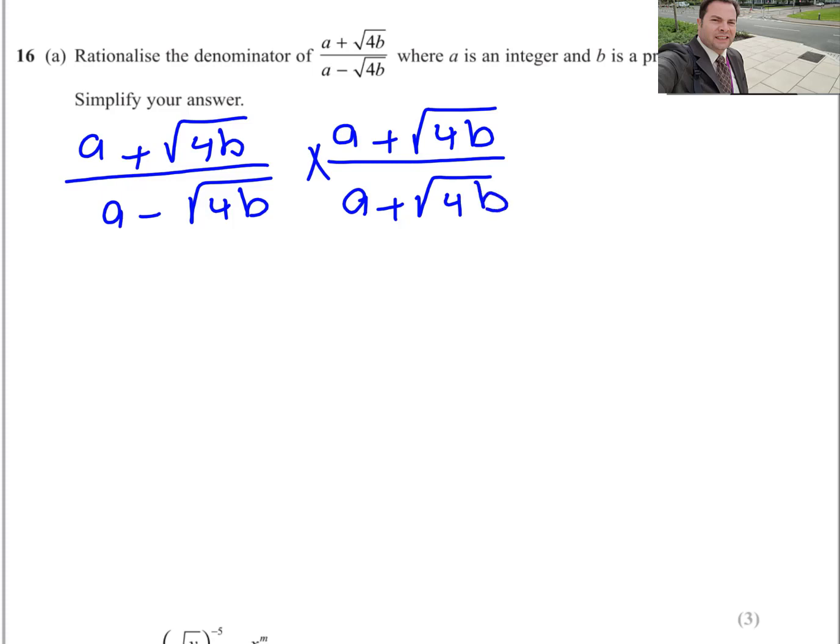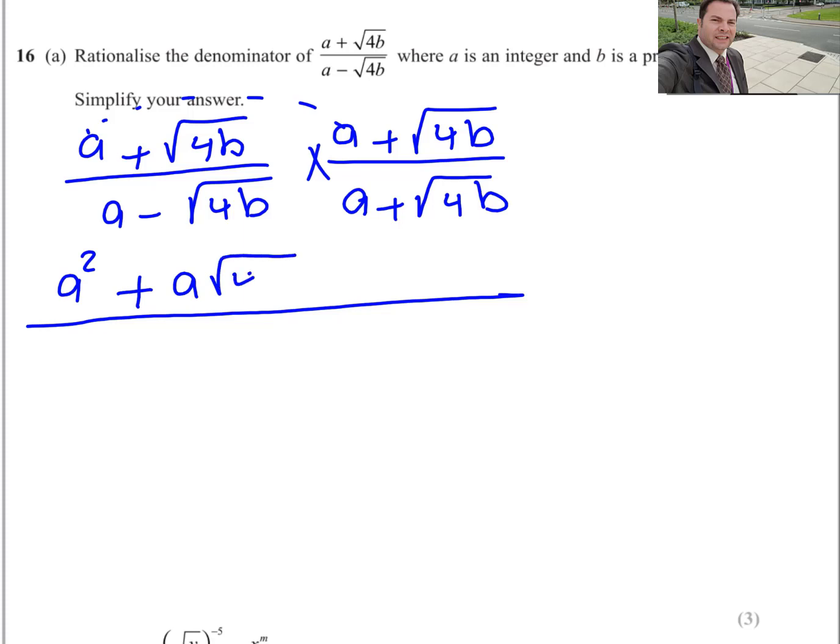Then multiply. When we multiply the numerators together and denominators together, a times a is a squared. a times root 4b is a root of 4b.